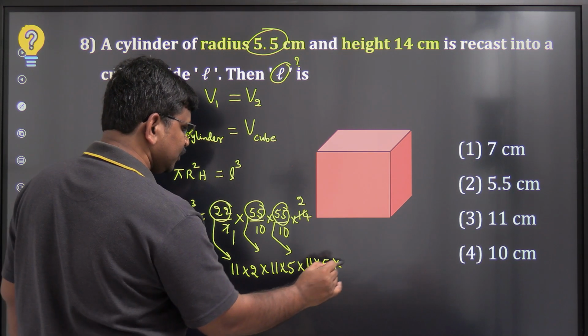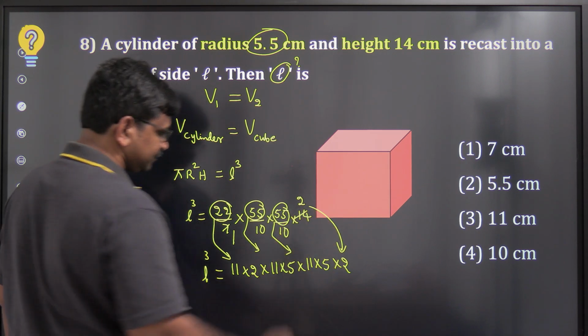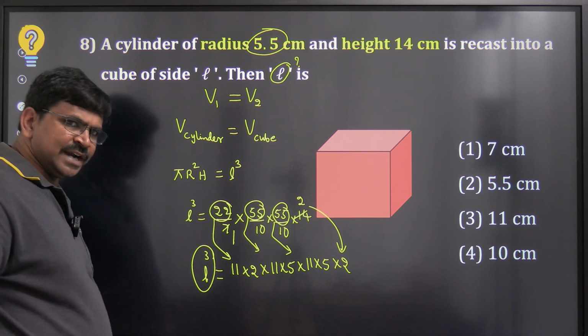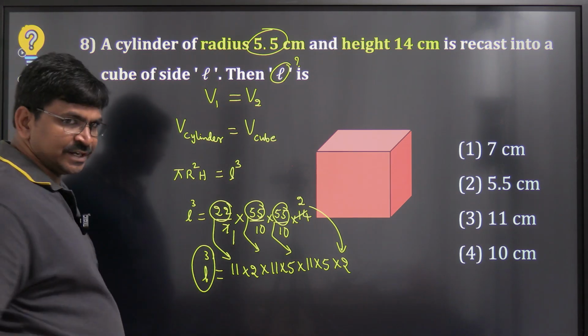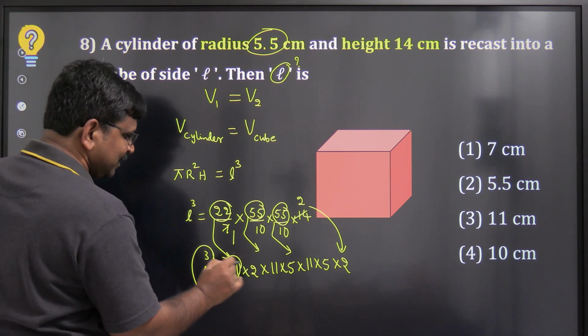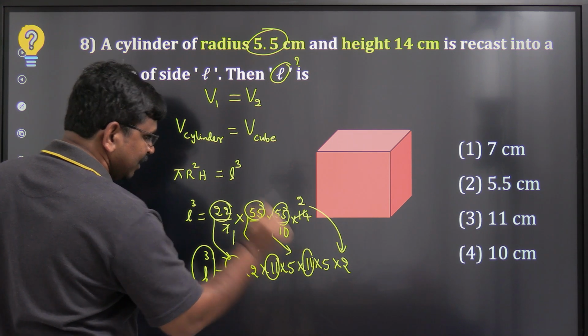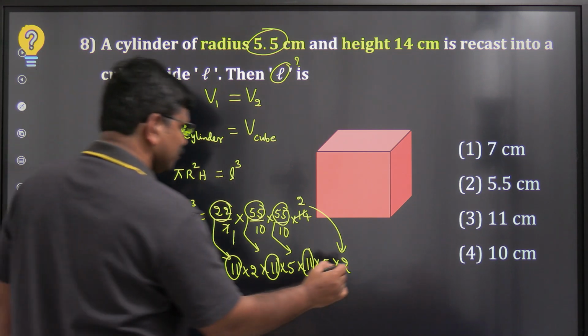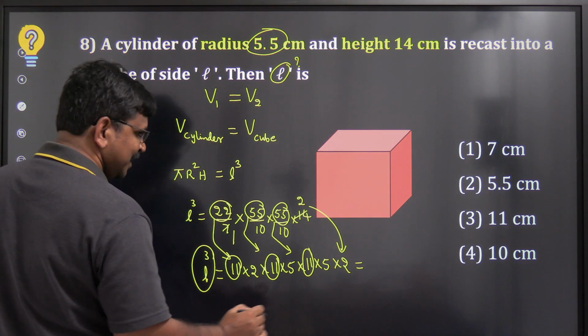Now the final 2, whatever is left here. At the left side I have L cube. Right side I will try to make some cubes. So 11, 11 and 11. How much did you get? 11 cube.